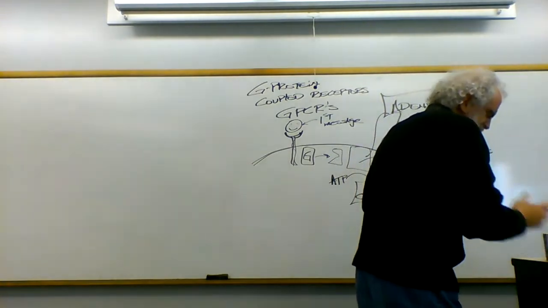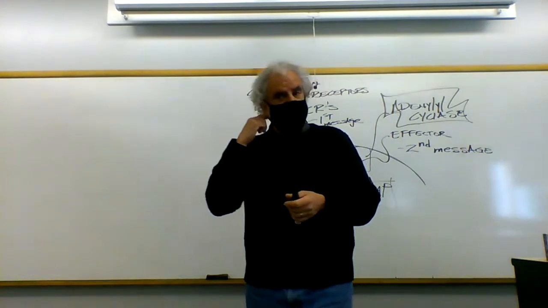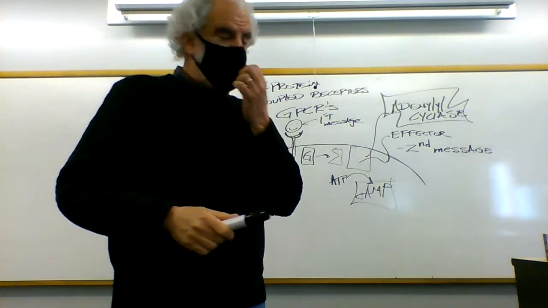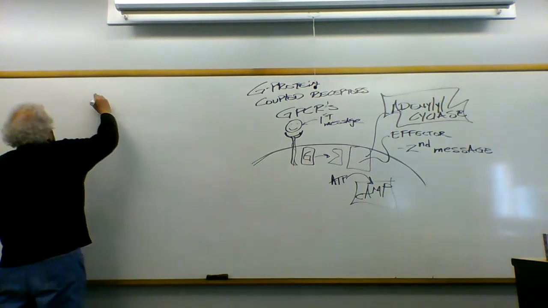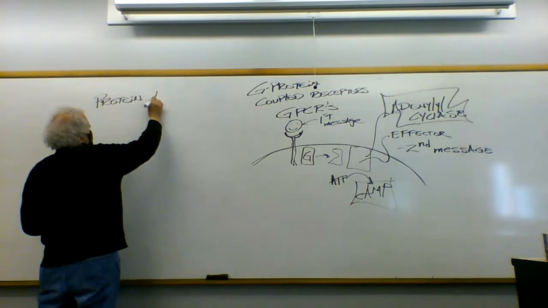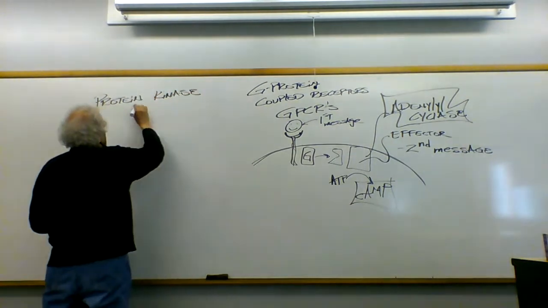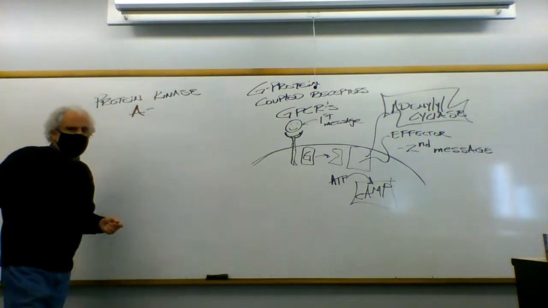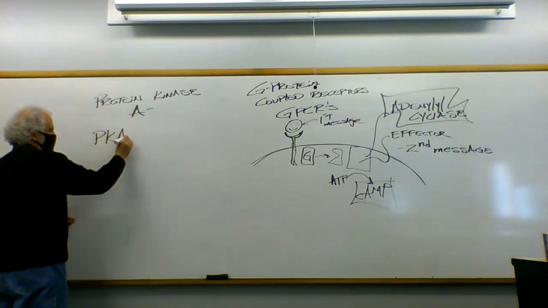there is a kinase, and we know kinases add phosphates to their substrate. There's a kinase that is known as protein kinase A. Protein kinase A, abbreviated in the biz as PKA.